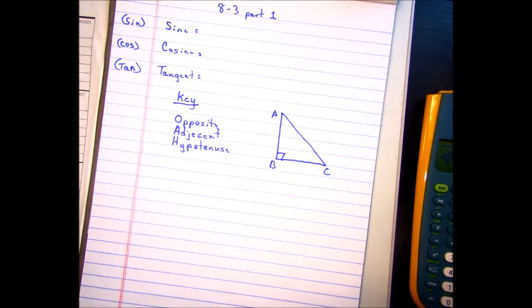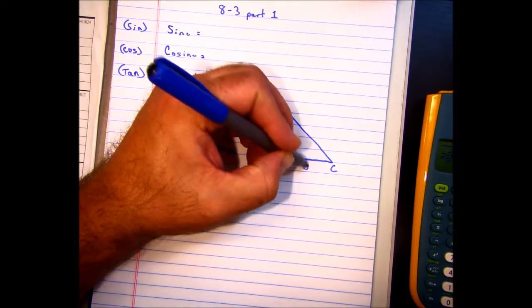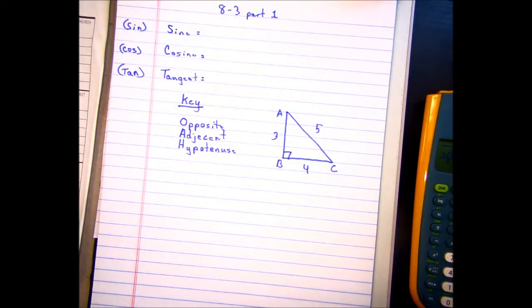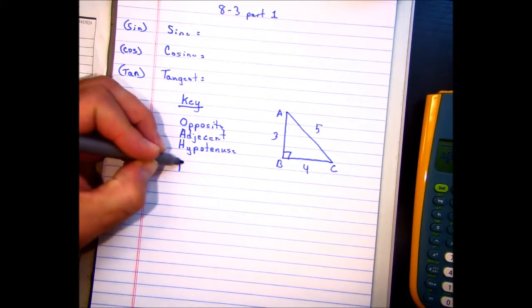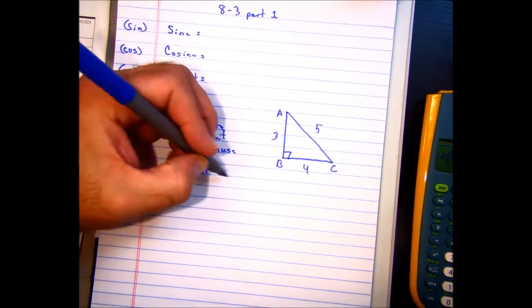Okay, so here's triangle ABC. Which side is the hypotenuse? Who can tell me which side the hypotenuse is? Correct. The hypotenuse is 5.